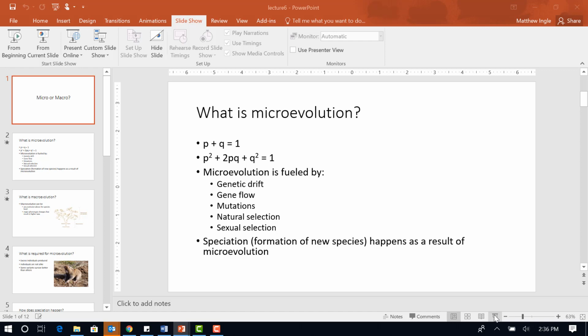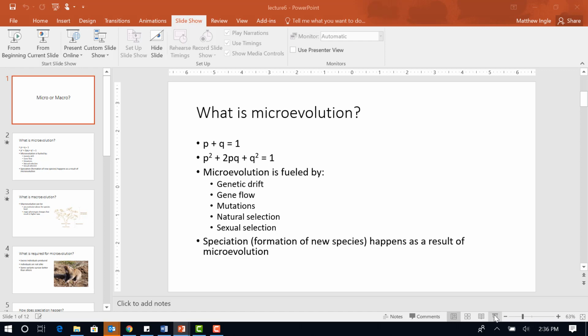And then sexual selection is when individuals have increased reproductive output because their allele makes them more attractive to the opposite sex. There are some others, but these are the big contributors to microevolution.